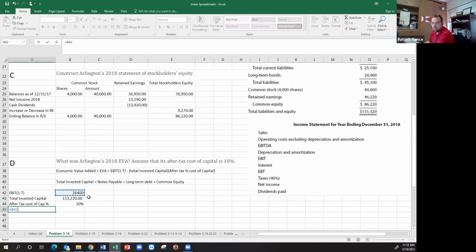Take this number minus this number times 0.10. 26.4 minus 113,220 times 10%. That should get me 15,078, and that should be my EVA, economic value added.